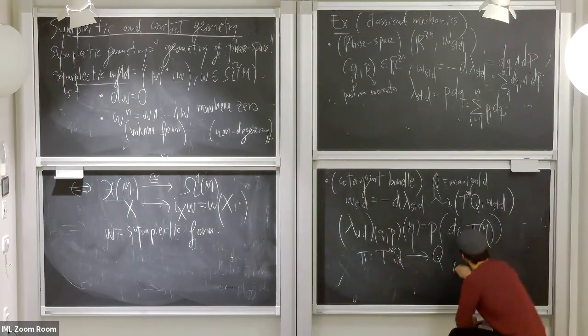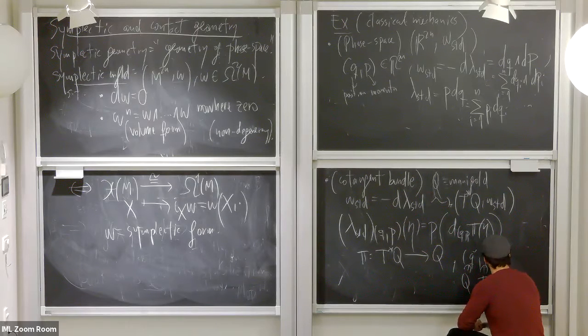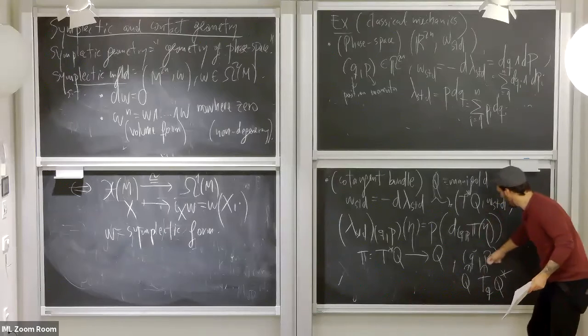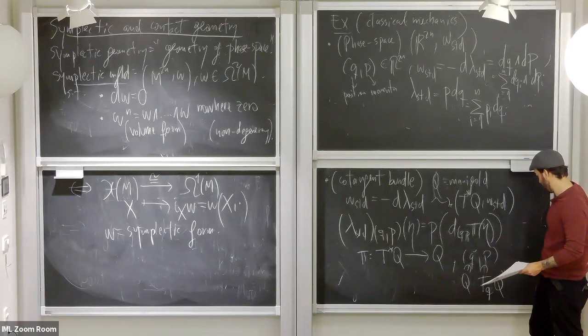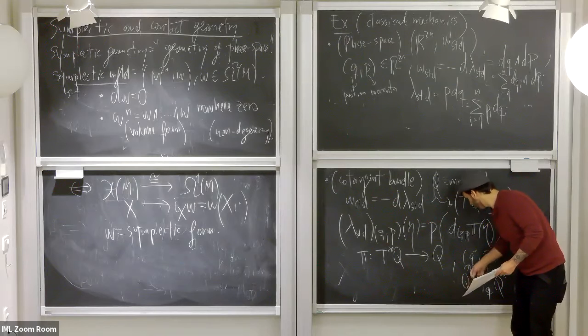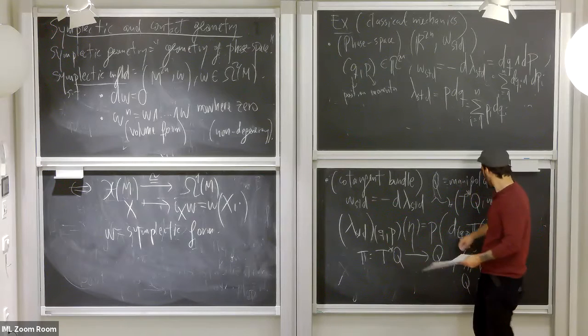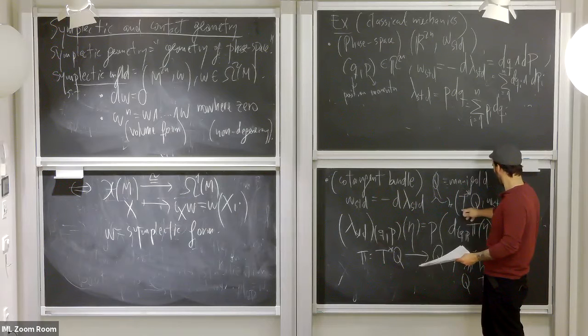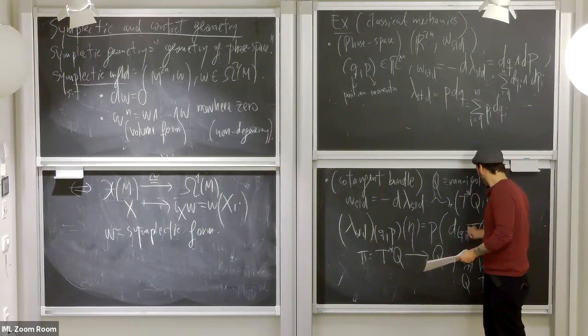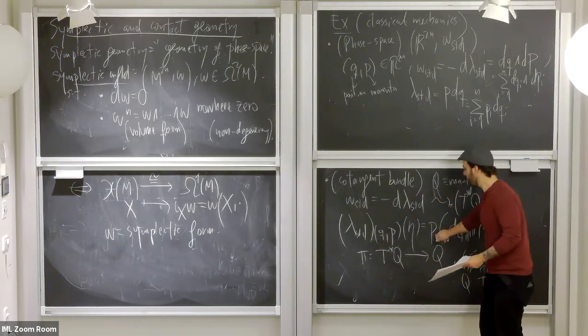So here q is in Q, and p lies in T_q*Q. So p eats vectors which are tangent to Q at small q, and I'm just taking eta, which is tangent to the cotangent bundle of Q, taking its differential under pi, and making p eat it.